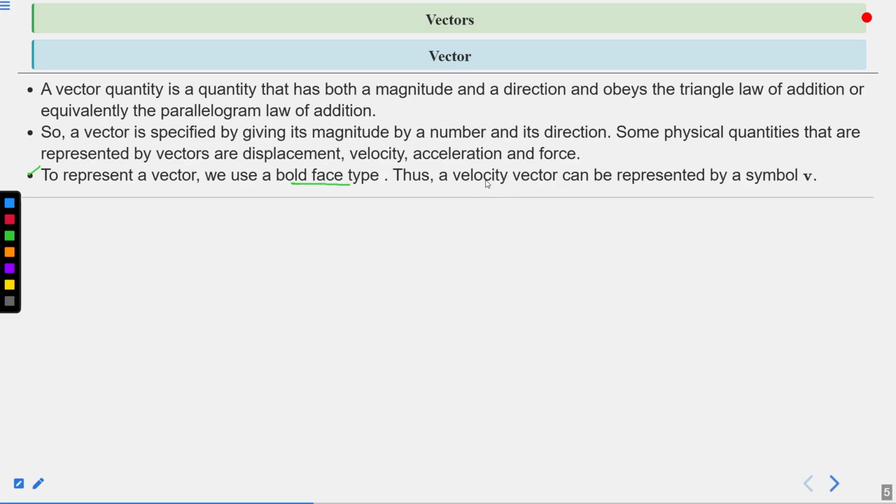Thus a velocity vector can be represented by a symbol V. Another method to represent a vector: suppose we have acceleration, represented by A. Here A is just a number or magnitude. But if we put an arrow on A, it now becomes the acceleration vector. So this is the representation of a vector quantity by an arrow or by bold face. Clear?